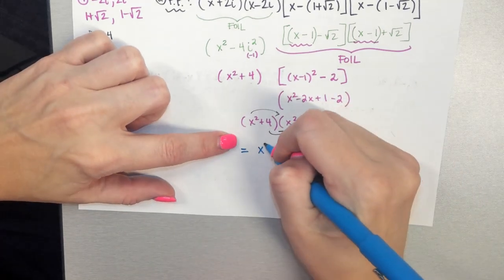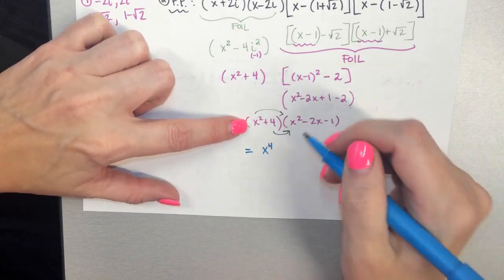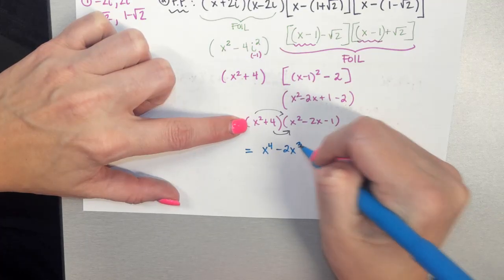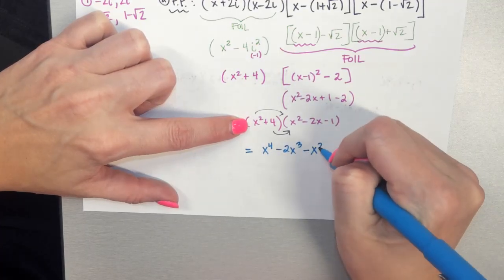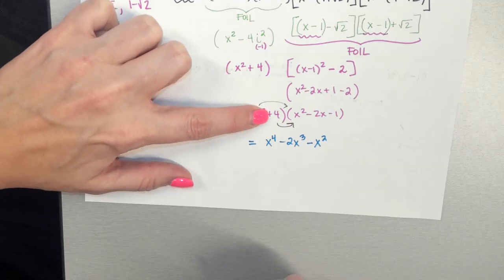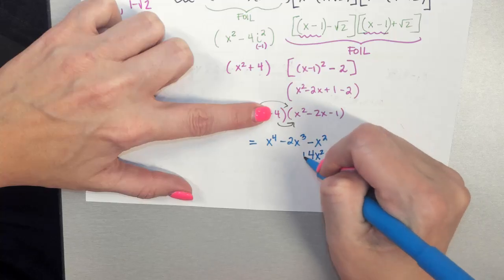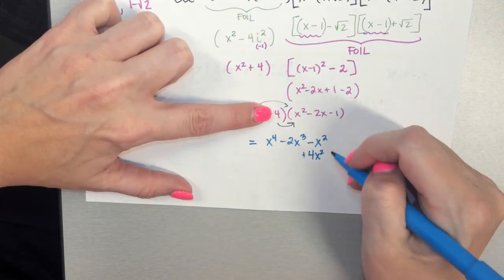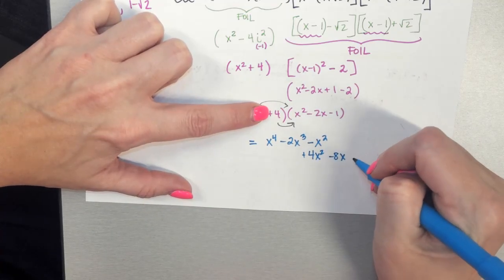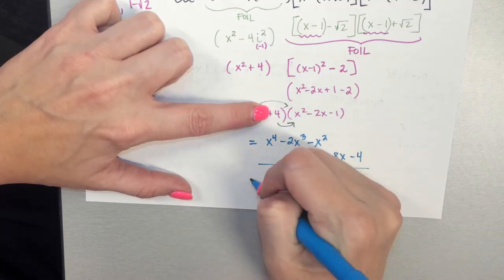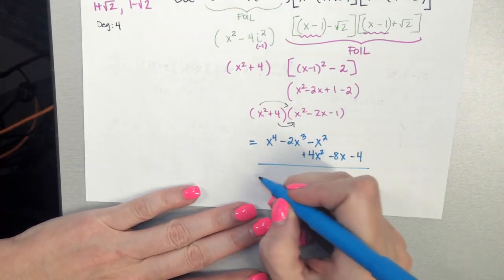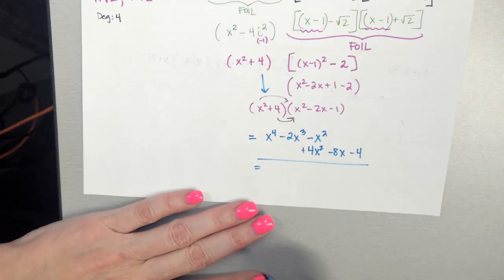Okay, so if I distribute x squared, I get a trinomial. Here, if I distribute 4x squared, okay, I'm going to line that up. Minus 8x minus 4. Okay, and this guy just dropped down there.